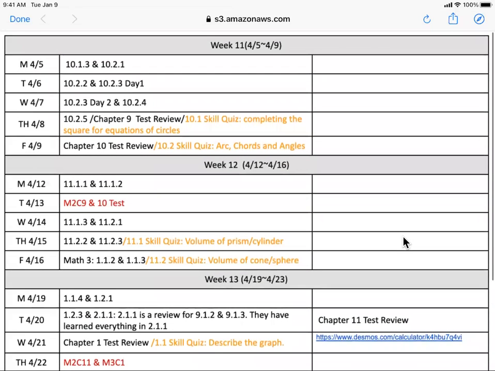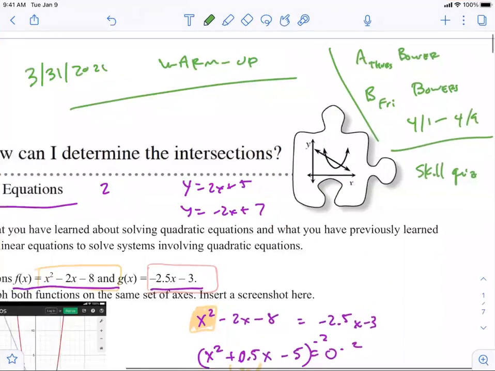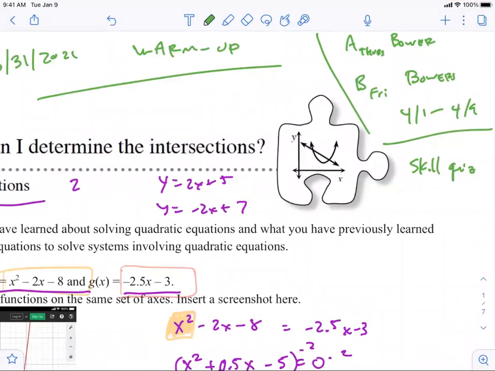Upcoming is next week. You have a skill quiz on 9.1, which is going to be, sorry, it's loading. Still loading.